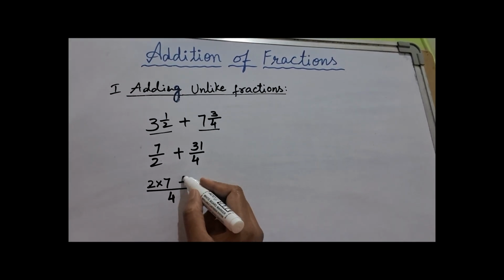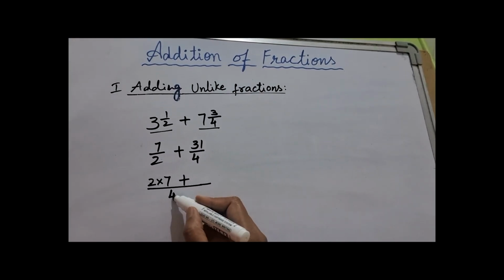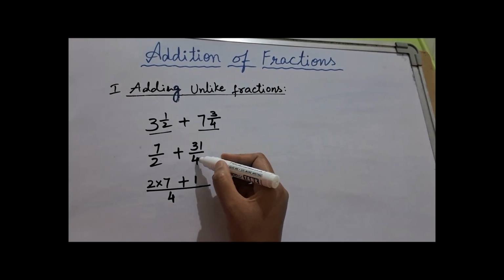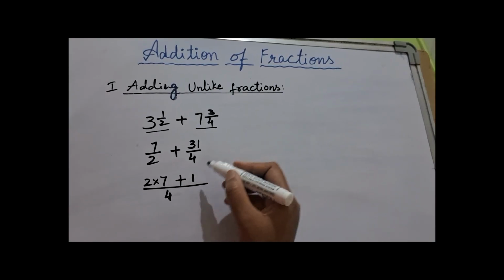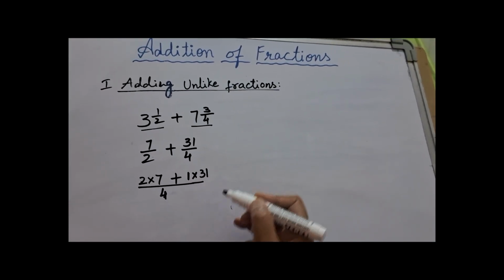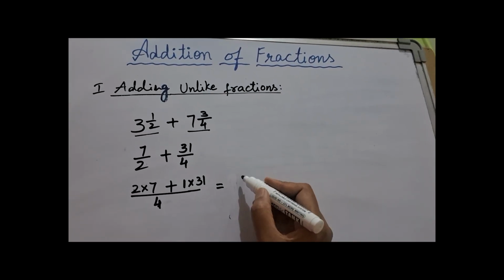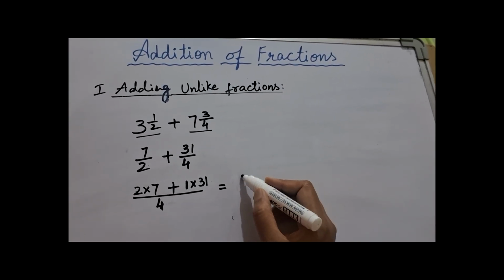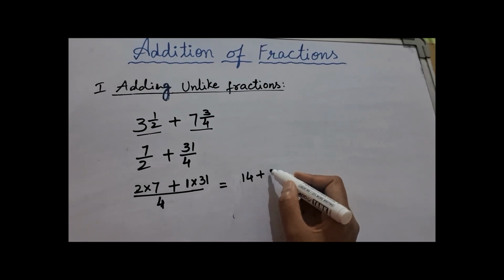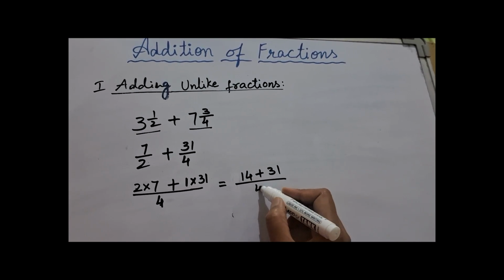Now here you will be writing plus, and 4 into what is equal to 4? 1 fours are 4. This one is multiplied with this numerator. We will get 2 sevens are 14 plus 1 into 31, by 4.